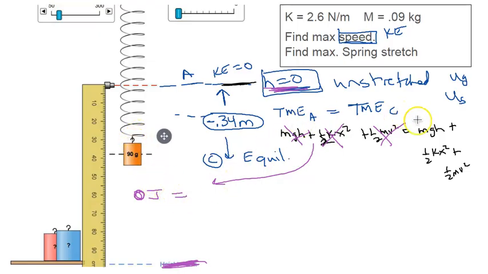But this is what happens. So I wanted you to see this in the example problem so you wouldn't freak out. All of those are 0. On this side, we're going to have mgh, which is 0.09 times 9.8 times h. I'm going to call this h. You can call it y, whatever. Plus, oh, sorry.